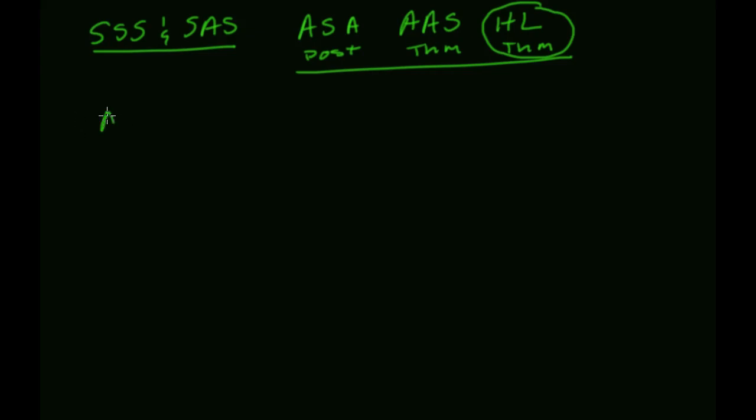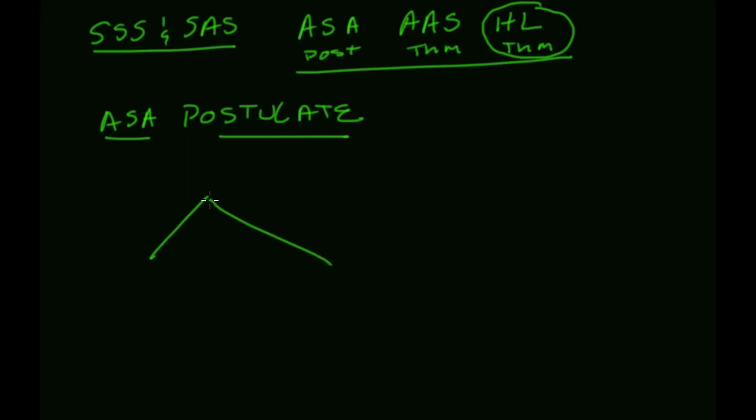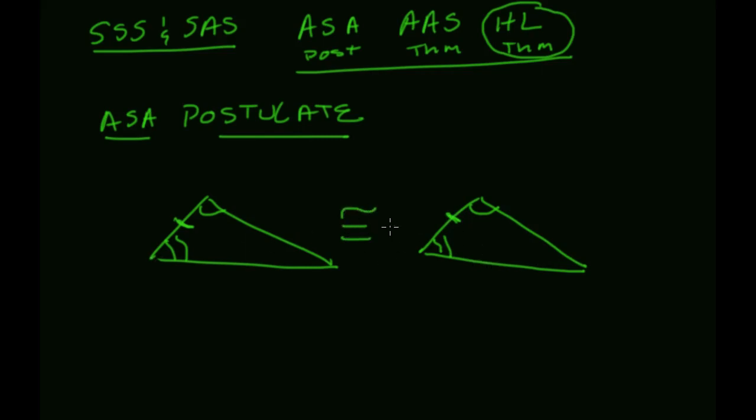Okay, so let's start with the ASA postulate. Essentially, this says that if I have two triangles and I have this angle congruent to that one, this angle congruent to this one, and the included side, so two angles and the included side, then I can conclude that the triangles are congruent.